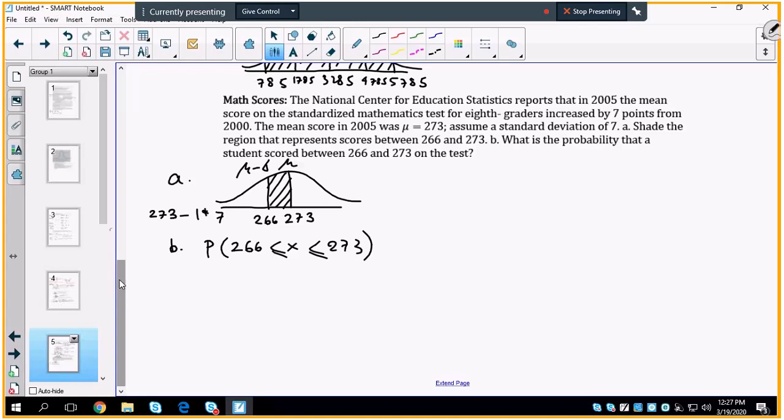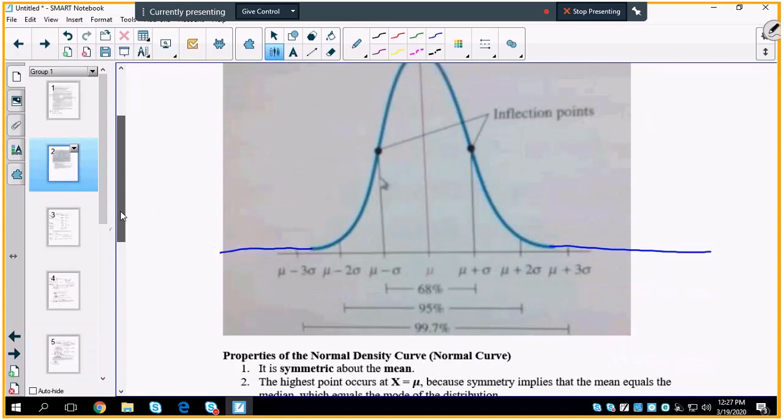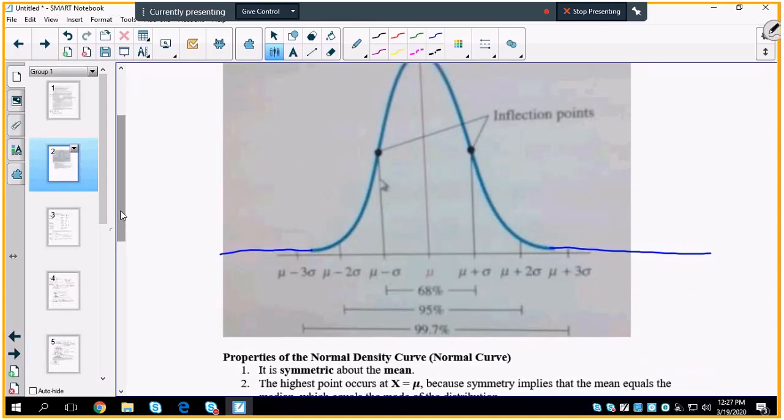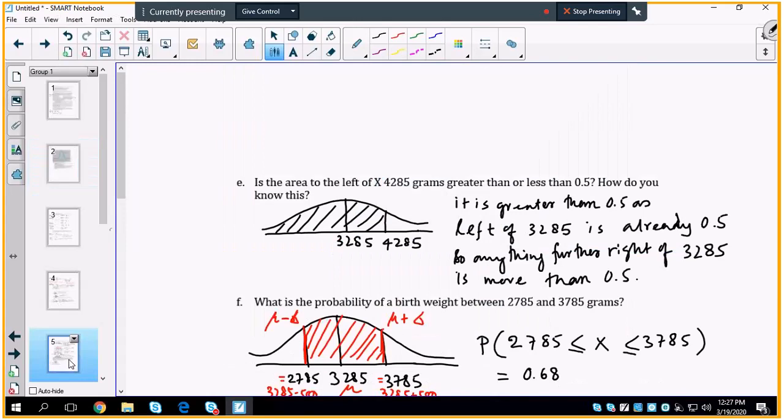Well, if I go to the empirical rule, it tells me between mu minus sigma and mu plus sigma, I have 68%. But now I am talking about only one side of it. Remember, the graph is symmetric, so it must be half of 68%. And that's all I needed to know. Half of 68% is 34%, which is going to help you answer this question.